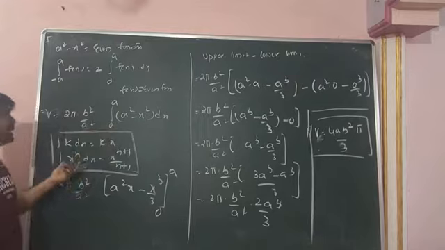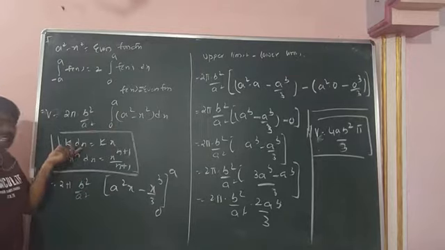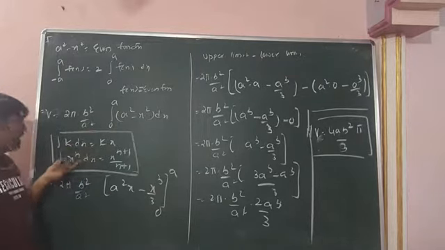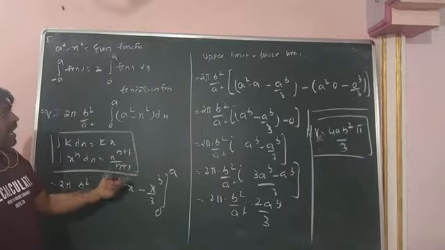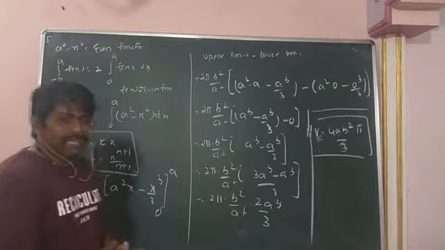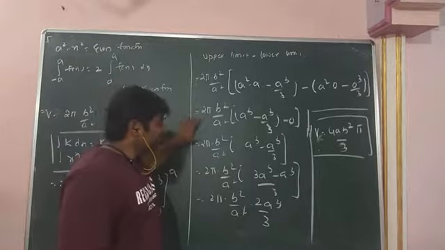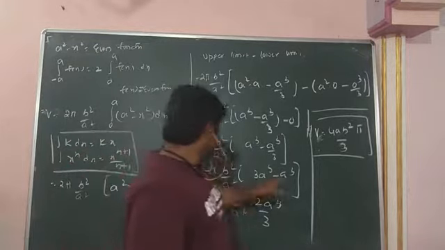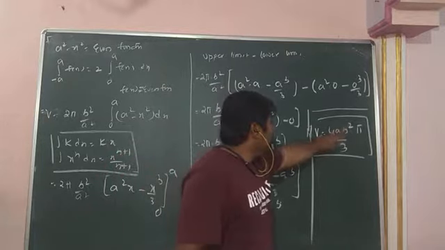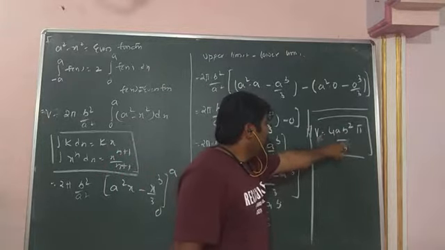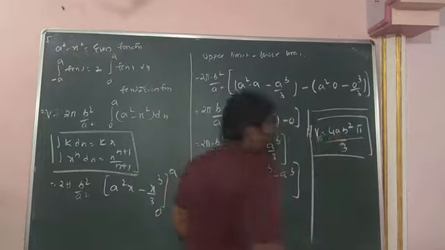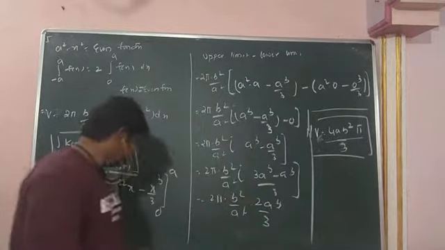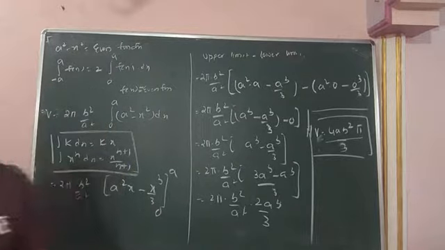And we apply the basic formulas: integration of a constant is kx, and integration of x power n dx is x power n plus 1 by n plus 1. Finally we substitute upper limit minus lower limit and simplify. Finally we get V equal to 4a b square pi by 3. This is nothing but the volume of the solid of the ellipse about the x axis.